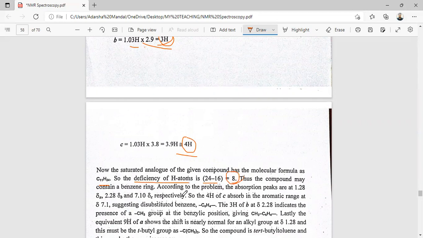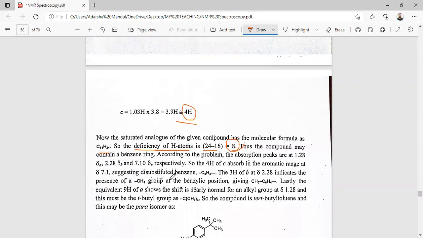According to the problem, the absorption peaks are at 1.28 delta A, 2.28 delta B and 7.08 delta C. So the 4H of C absorbed in the aromatic range 7.1, suggesting a disubstituted benzene C6H4. The 3H B at delta 2.28 indicates a CH3 group at the benzylic position, and lastly the equivalent 9H associated with a normal alkyl group at 1.28 must be a tert-butyl group.